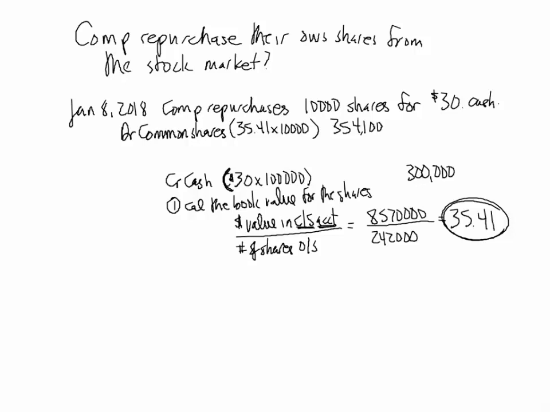So what have they done when they have left the company? They have left value behind. They have basically accepted a loss on their shares, because their shares are worth $354,100 and they were willing to accept $300,000. So where does that difference of $54,100 go?